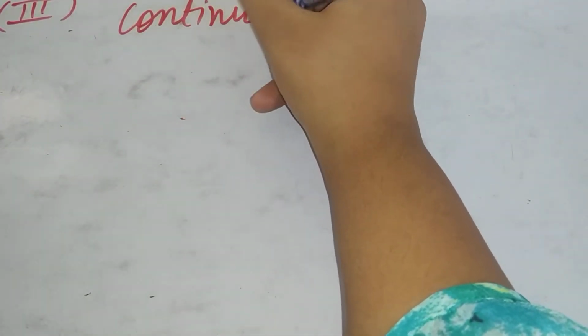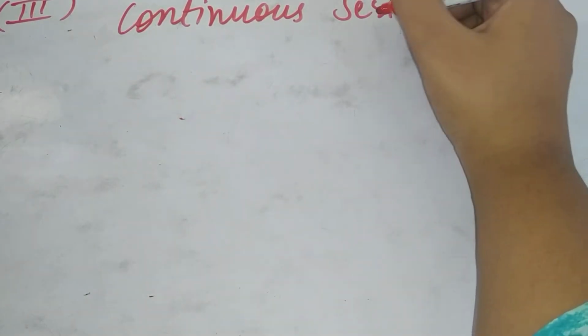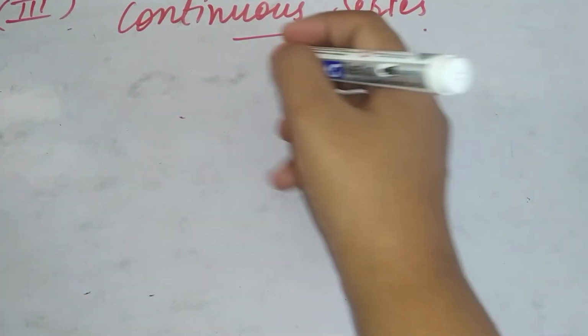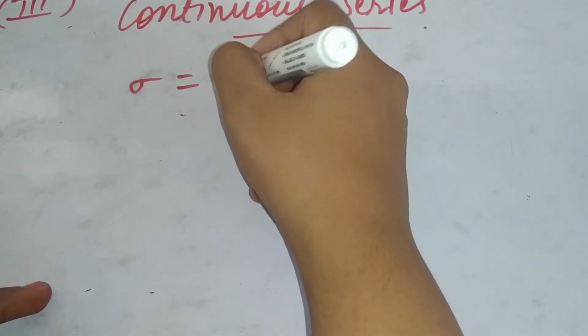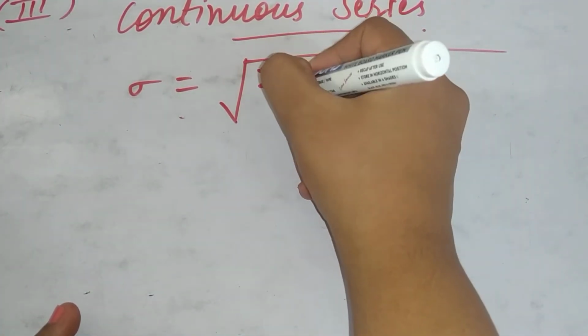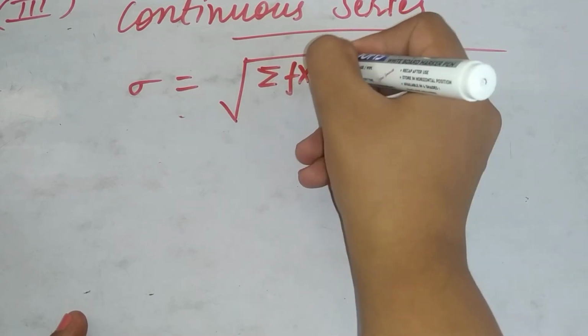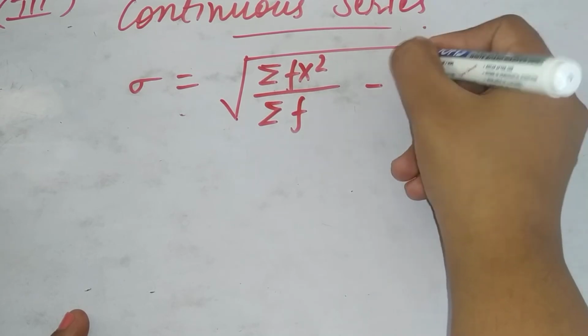Okay, let's move on to continuous series. So the third one is continuous series. The formula to calculate standard deviation in this case remains the same as in the case of discrete series: square root of summation fx square upon summation f minus mean square.